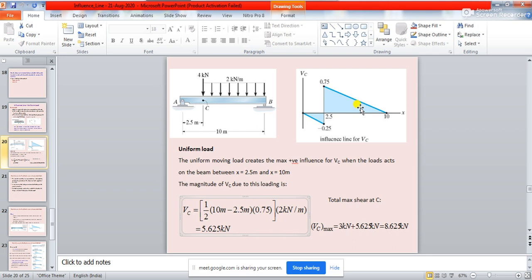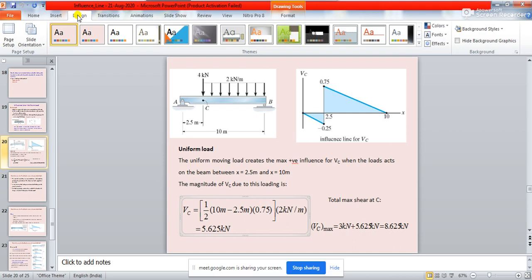Now let's say instead of this 2 kilonewton per meter load, which is of 7.5 meter length, this load is of 5 meter length. Then what will happen? Can anyone explain? Suppose this 2 kilonewton per meter load is not of this much length.